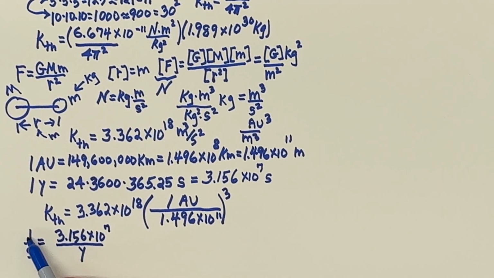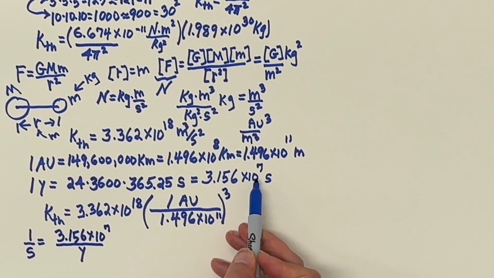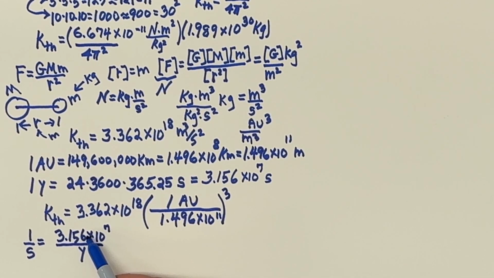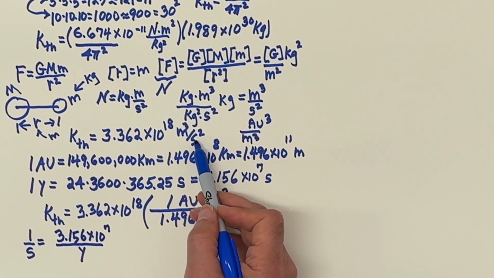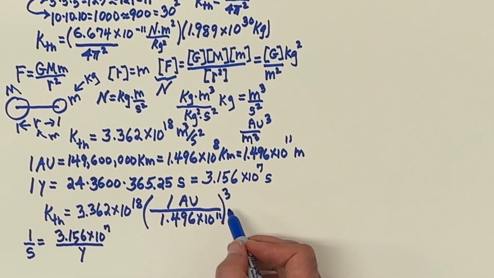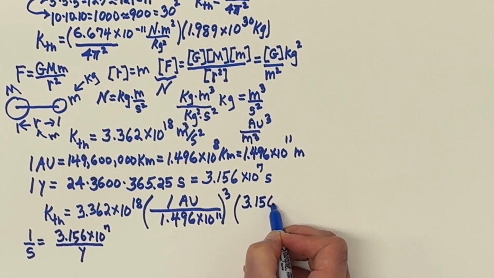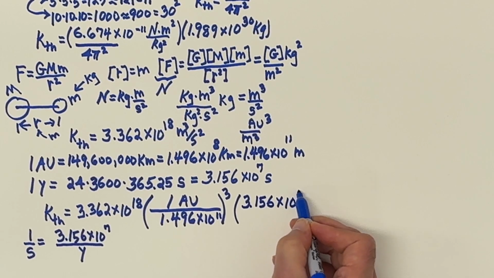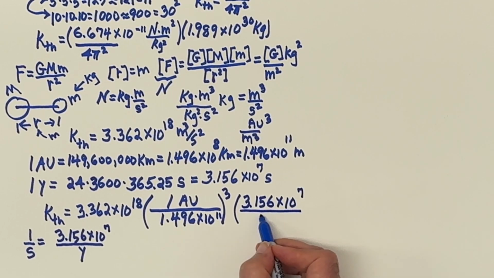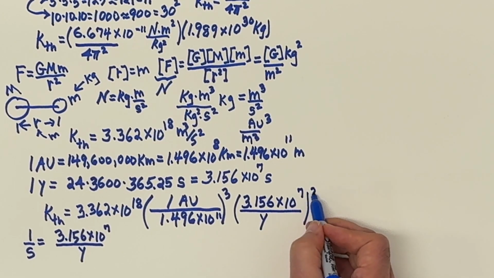If I bring the year over here, I get 1 year. And if I bring the seconds over here, I get the proper amount of seconds. So I need 1 over s, that's squared. So I need 1 over s, I'll put this in here: 3.156 times 10 to the 7th over year. And I need to square that.